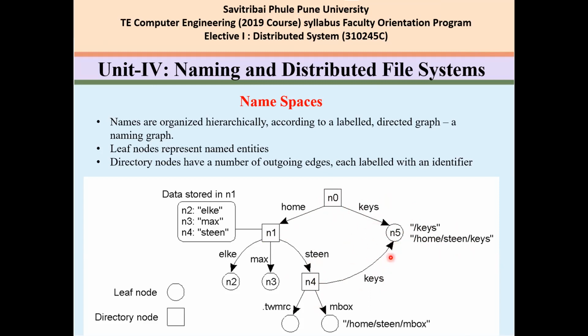So there are two ways to reach the location of N5. Similarly, from N0 to N1 via home, then from N1 to N4 via steam, and from N4 to this particular leaf node via mbox. Now how do I write it? /home/steam/mbox. This is the way of structured naming.